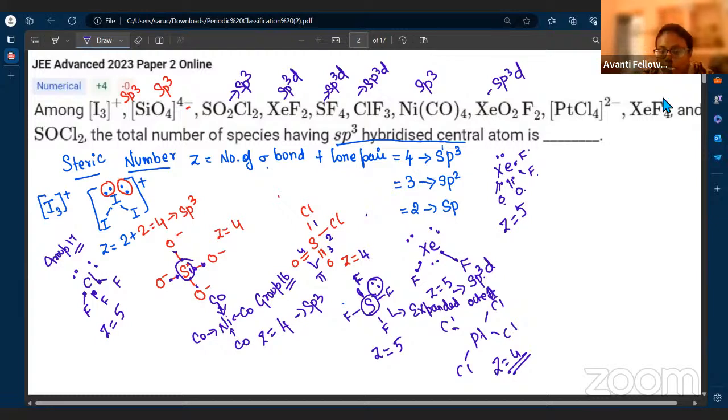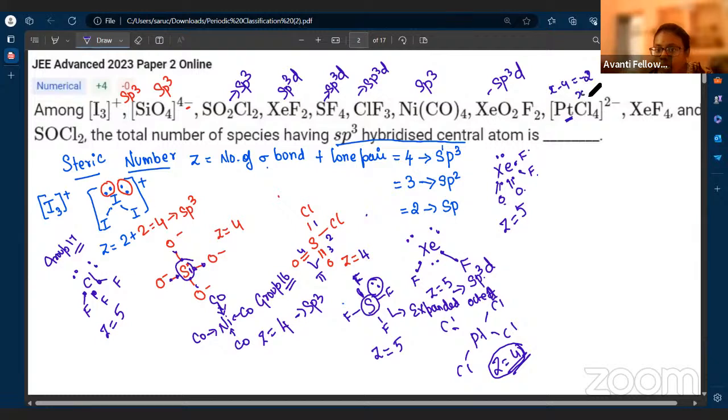Okay, so why is Z equal to 4 here? See, PtCl4 2 minus. What would be the oxidation state of platinum in PtCl4 2 minus? X minus 4 is equal to minus 2.